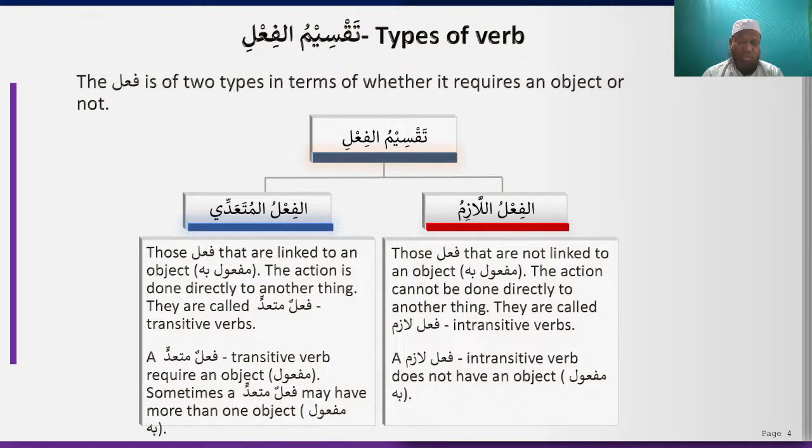And for فعل المتعدي, if you don't bring a مفعول به, the sentence is incomplete. The sentence will be complete only when you bring a مفعول به. الفعل اللازم, الفعل المتعدي: these are the two types of فعل in terms of having مفعول به or not. Understood?